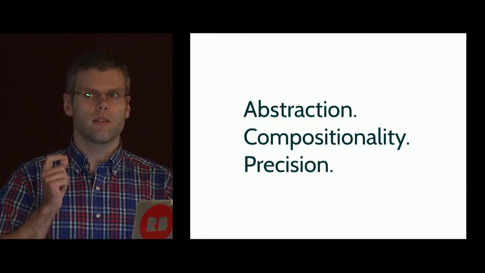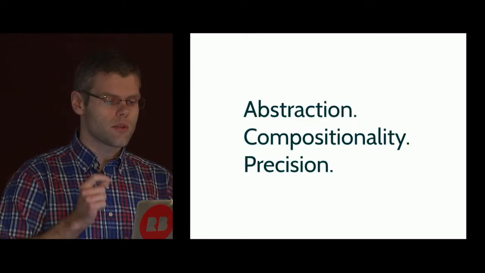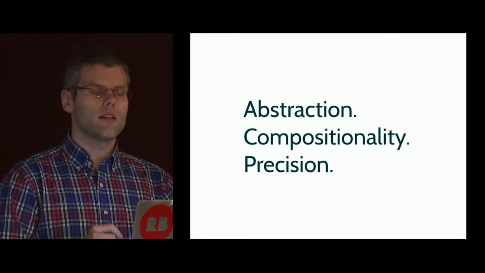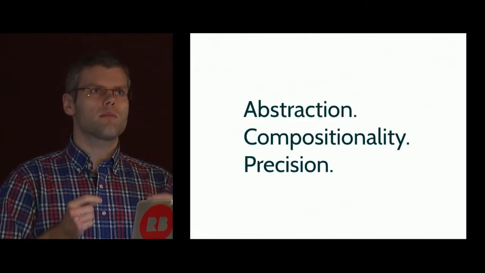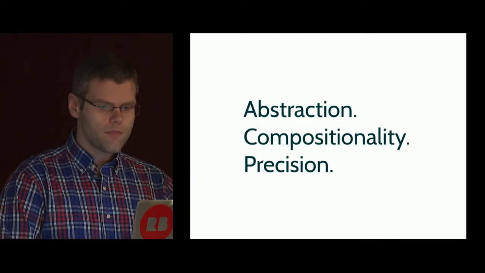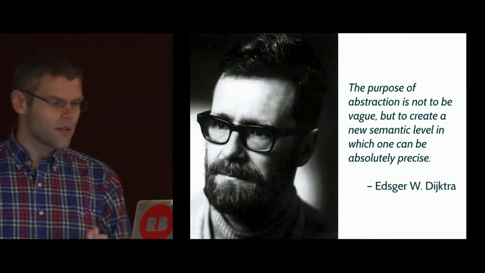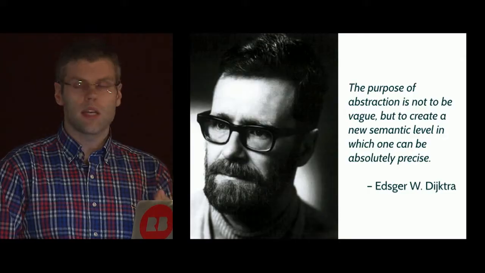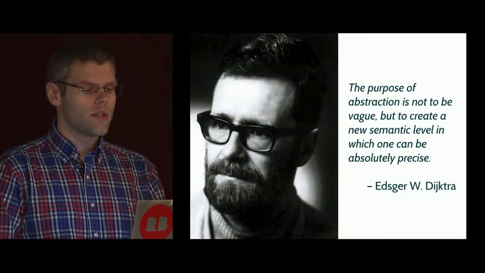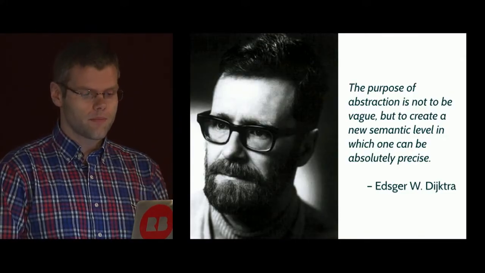Now, many people might think that abstraction and precision are opposites, but they're not. In fact, I want to say that abstraction is what makes precision possible. In the words of Edsger Dijkstra, the purpose of abstraction is not to be vague, but to create a new semantic level in which one can be absolutely precise.